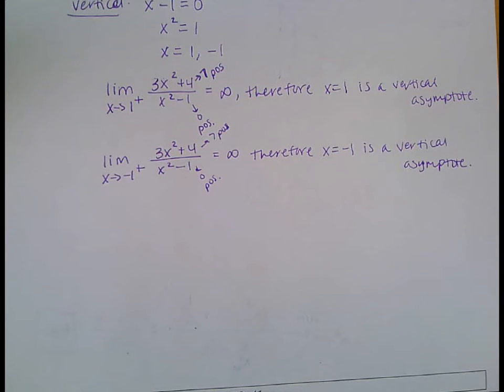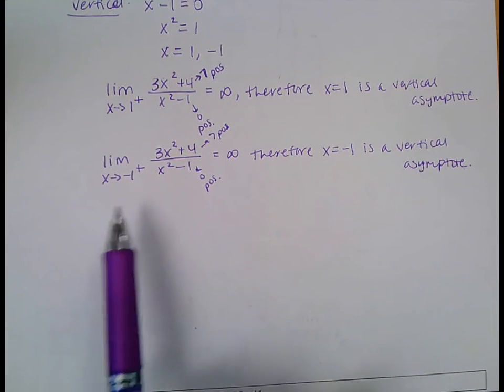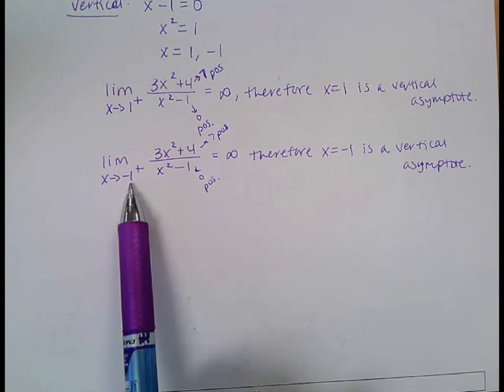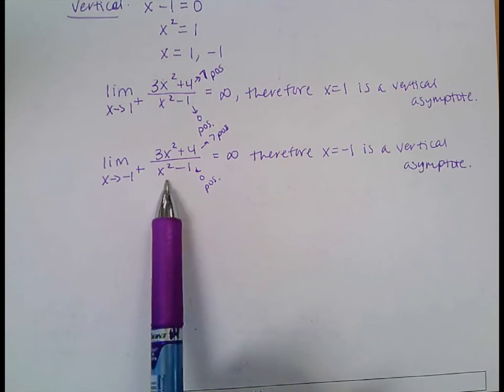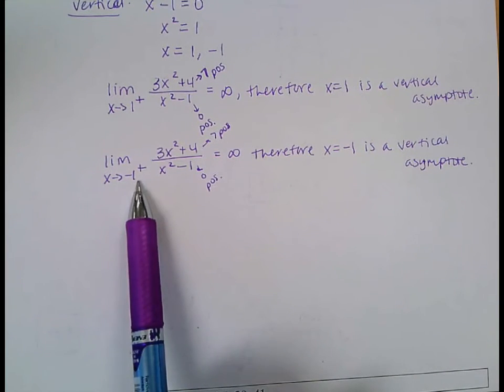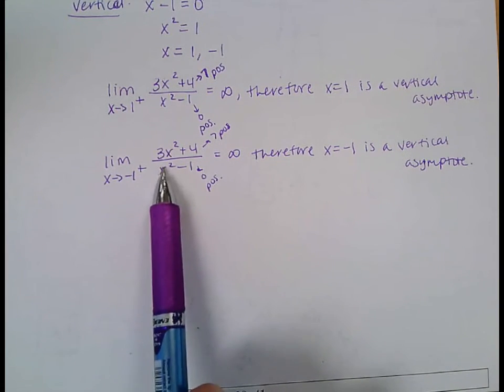Well, let me think about this one actually. If I plug in a number that's close to negative 1 but larger, so like I'm thinking negative 0.5, that squared is smaller than 1.